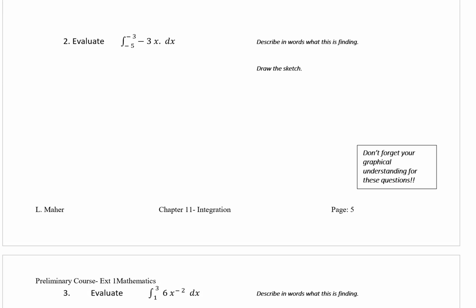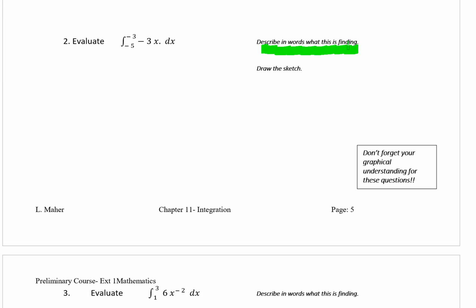So it says, evaluate, find the value of the integral from -5 to -3 of -3x. Now over here I've said, describe in words what this is finding.